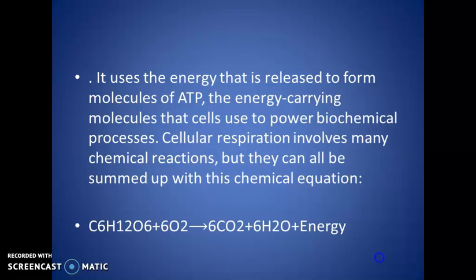Cellular respiration involves many chemical reactions, but they can all be summed up with this chemical equation: C6H12O6 plus 6O2 gives 6 molecules of carbon dioxide plus 6 molecules of water, and energy is released.